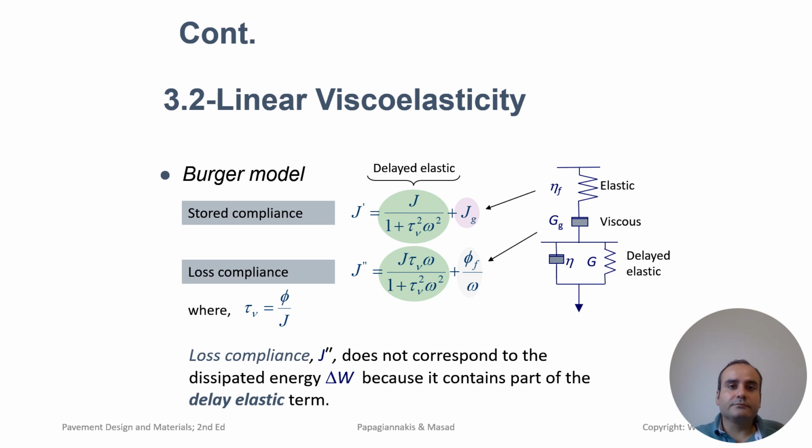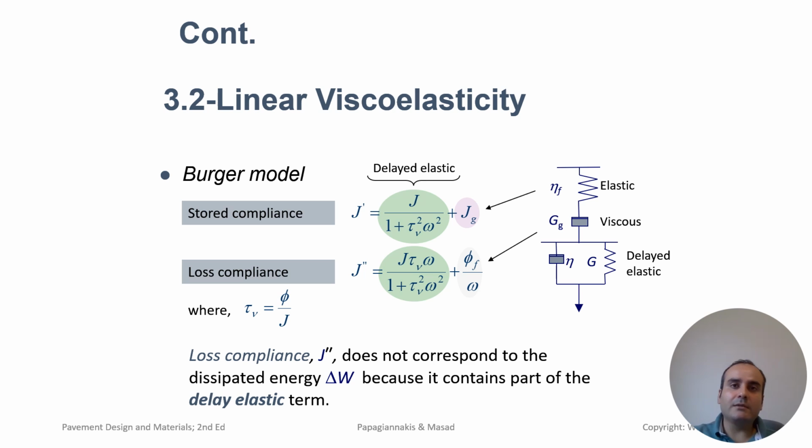The first element in this model, elastic deformation, or the first spring in the Burger's model, accounts for the instantaneous elastic deformation that occurs when a load is applied to the pavement. As already mentioned, this is the recoverable part, meaning that once the load is removed, the material returns to its original shape.